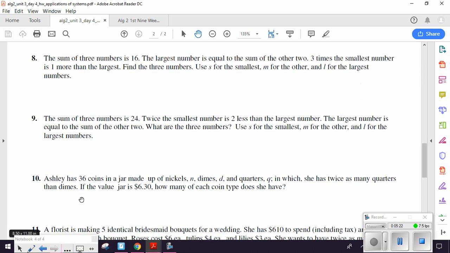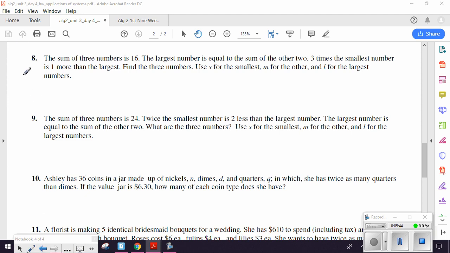Number 8, the sum of three numbers is 16. The largest number is equal to the sum of the other two. 3 times the smaller number is 1 more than the largest. Find the three numbers. Use S for the smallest number, M for the other, and L for the largest number.